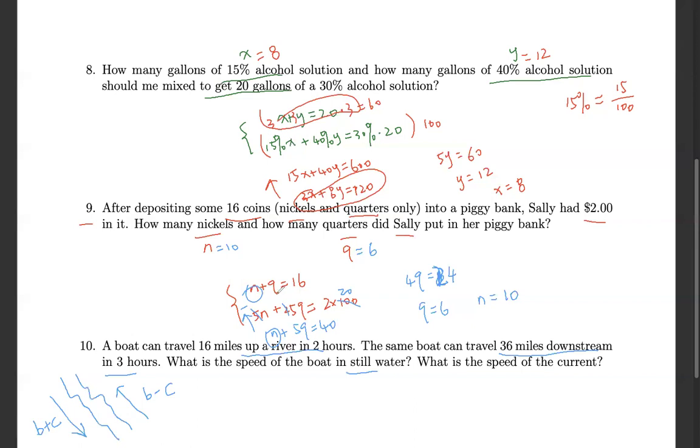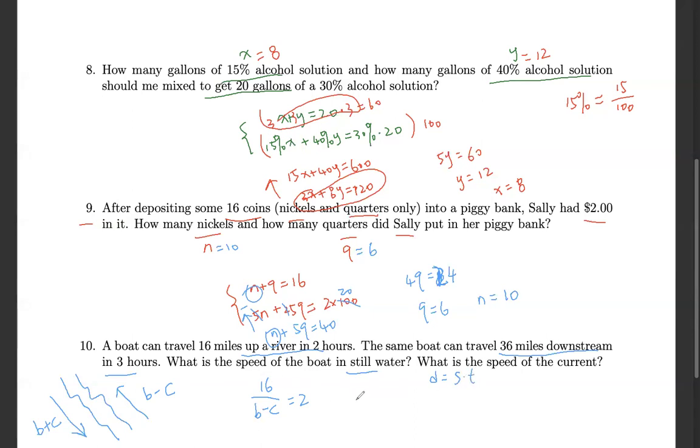So now we want to make an equation. The boat can travel 16 miles up. So the distance is 16 miles up. When it goes up, the speed is b minus c. How many hours? In 2 hours. Distance equals speed, use s, multiplied by time.